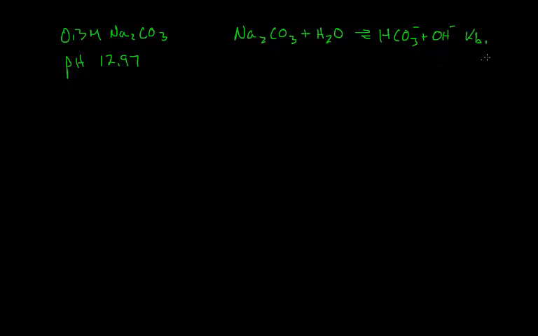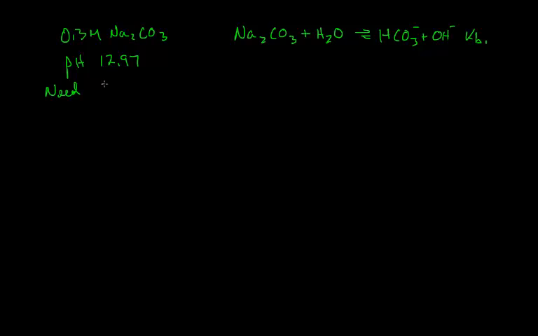And there are no tables of Kb values, so you have to use the known Ka values in order to calculate your Kb. So the question that we want to get to is, what is the Ka that would correspond to this Kb?